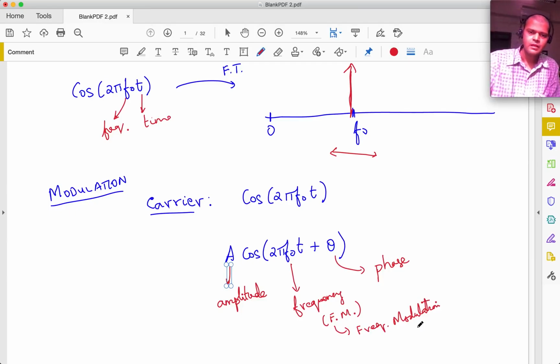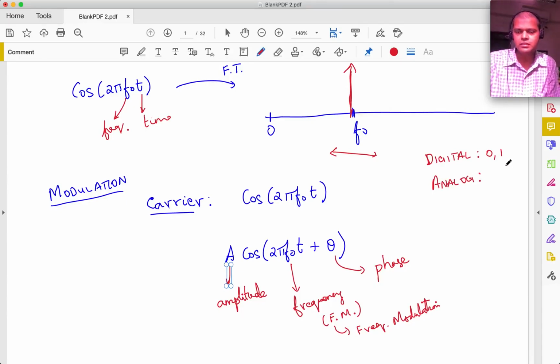Okay. But FM is used, of course, for analog communications. I mean, meaning that you don't have bit zeros and ones. So when we talk about digital communication, the information is in terms of zeros and ones. But in analog, which we won't be considering here, you just have some signal which varies over time. It's not zeros and ones.